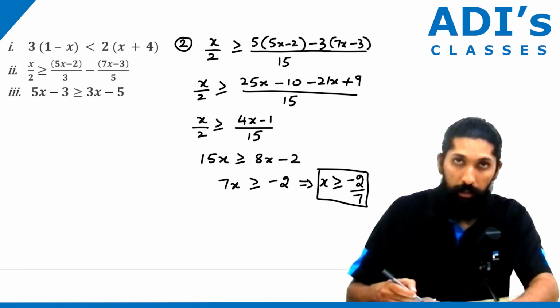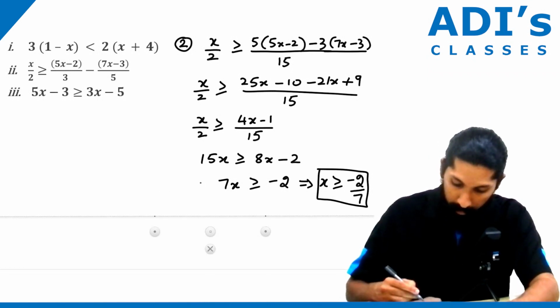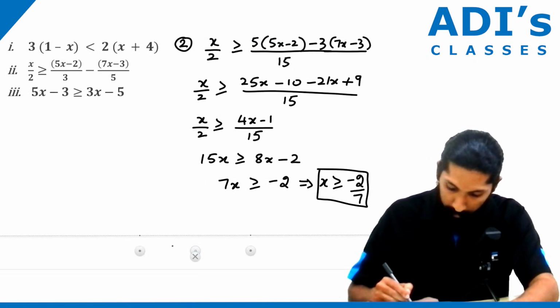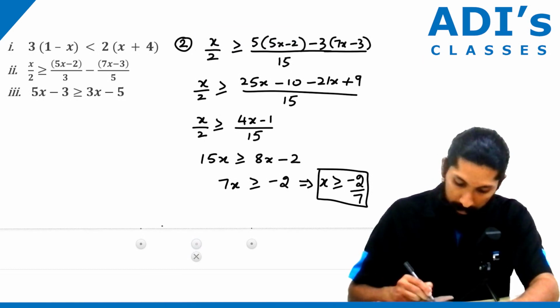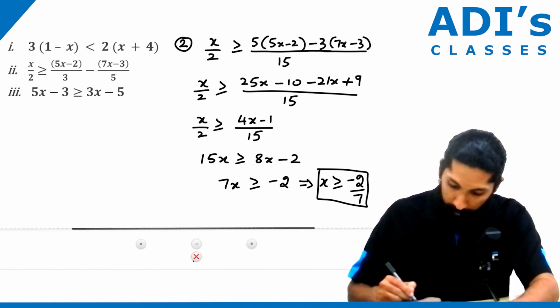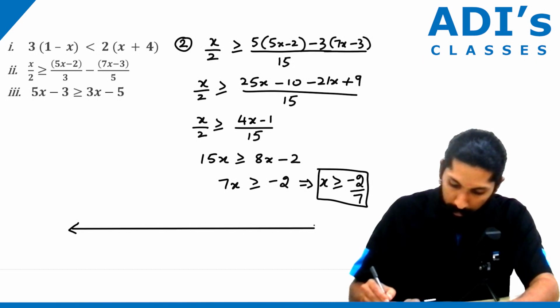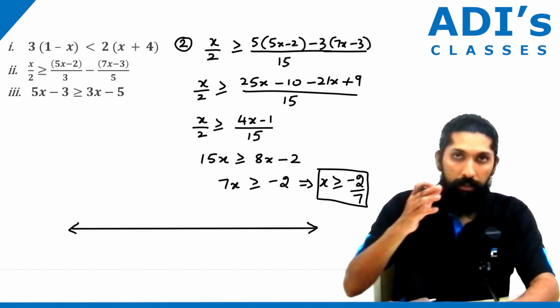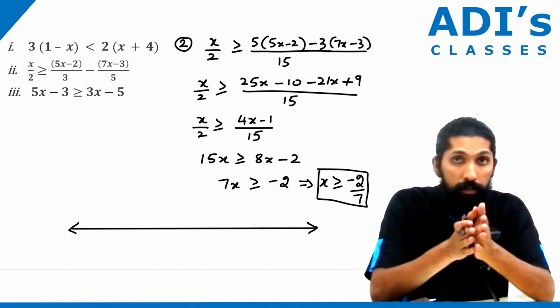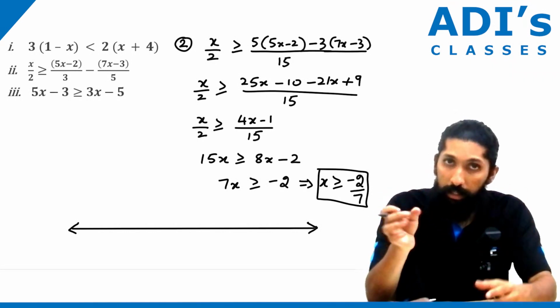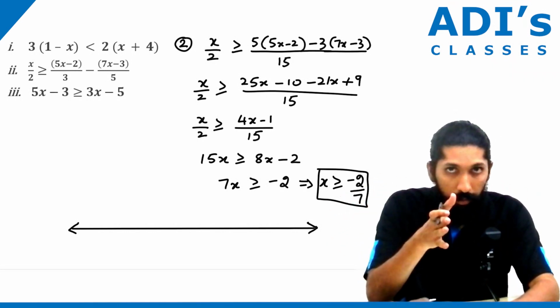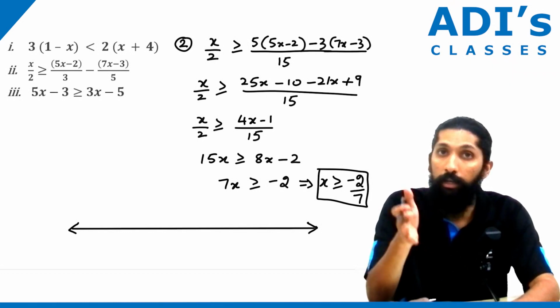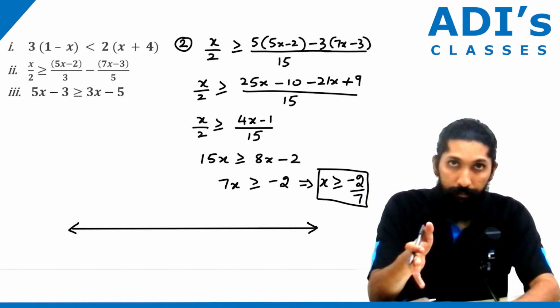Again, let's start with the number line now. So first we draw the number line, here only we'll draw. Since the value of x is very small, minus 2 by 7, correct? I'll try to have the difference between 0 to 1, 0 to minus 1 a little bit bigger, so that you can clearly understand where the value comes. Fair enough?